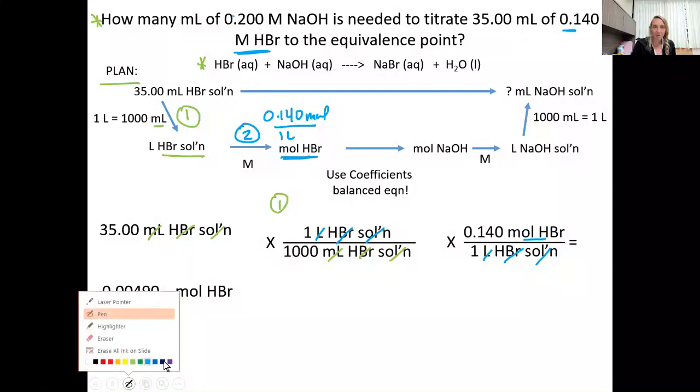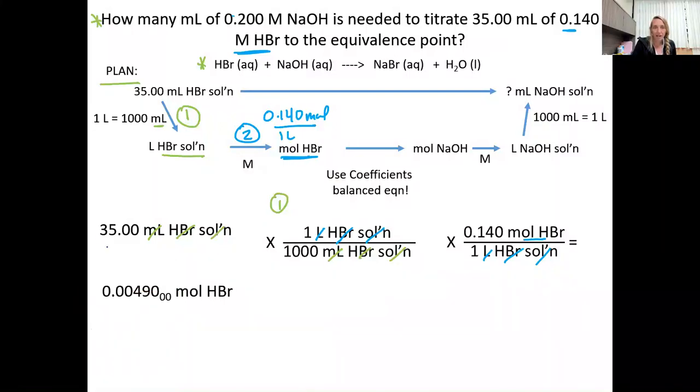Now notice, here I have 1, 2, 3, 4 significant figures. Here, I don't worry about significant figures. Here I have 1, 2, 3 significant figures. So when I write my answer, I write 3 significant figures, but I'm carrying those extra digits. I want to carry as many digits as possible throughout this problem.